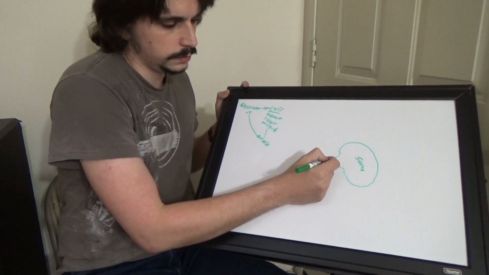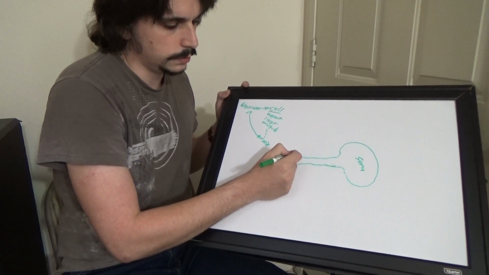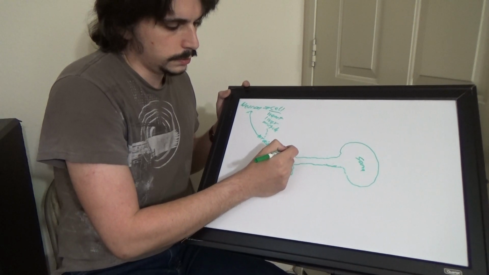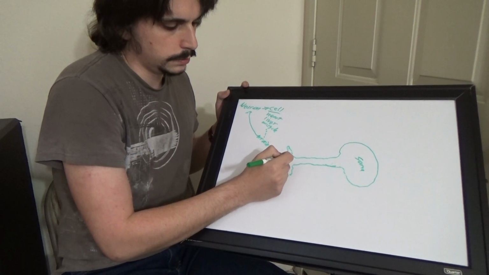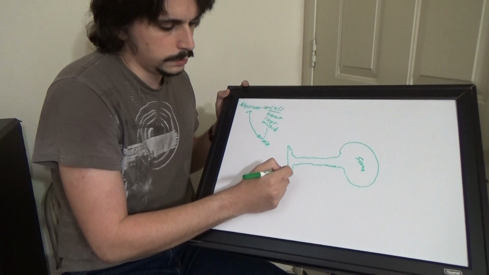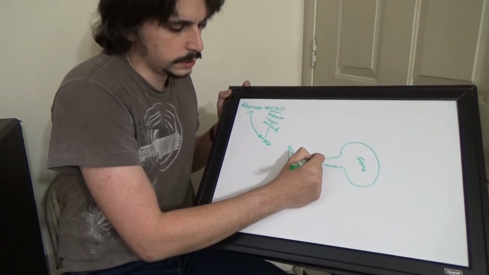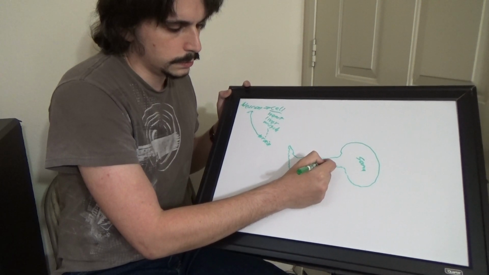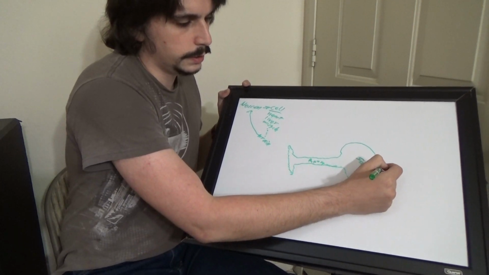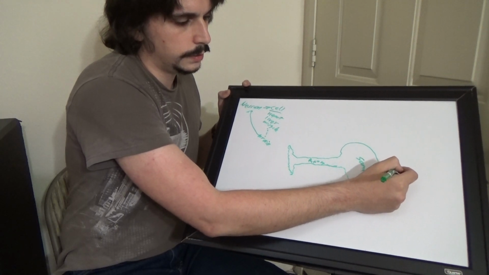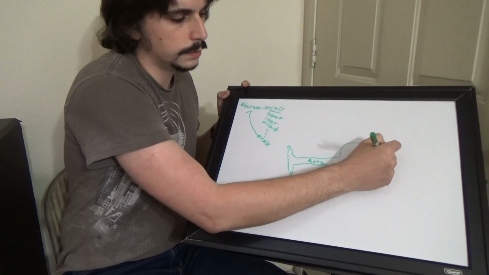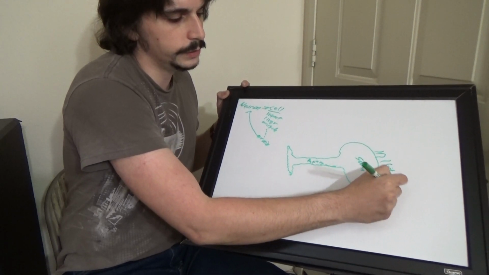And it has this tail, called the axon. And the other side of the soma, it has what are called dendrites.